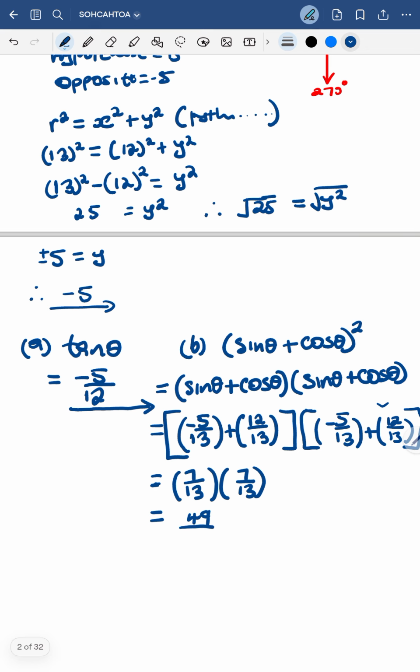Then 13 multiplied by 13 is going to be 169. Then that will be your answer. Okay? So that will be your answer.